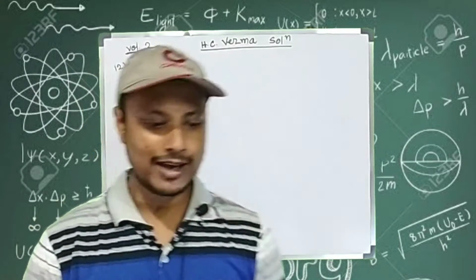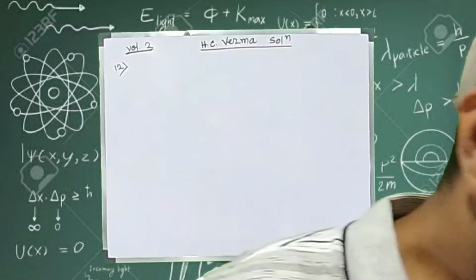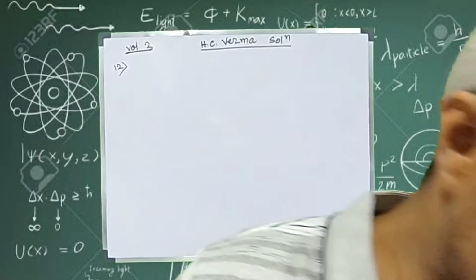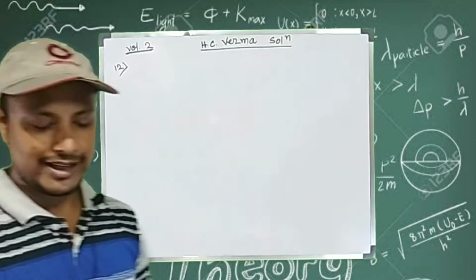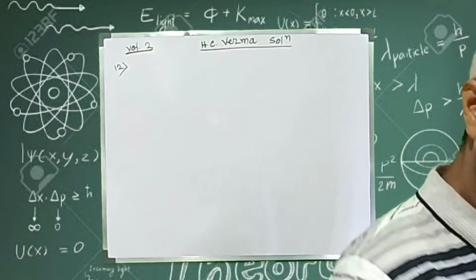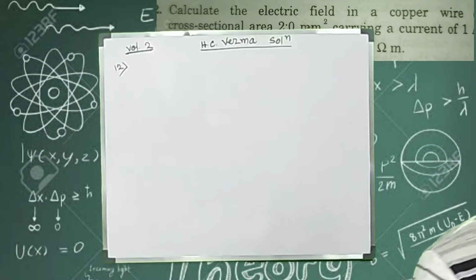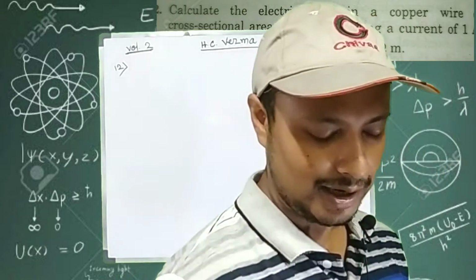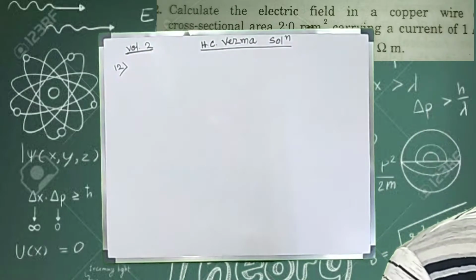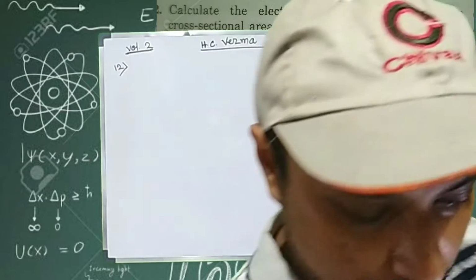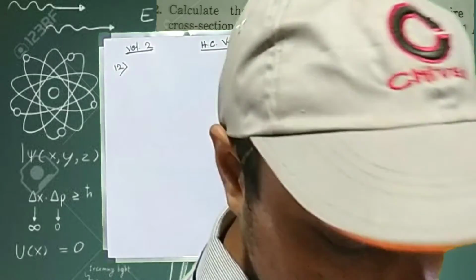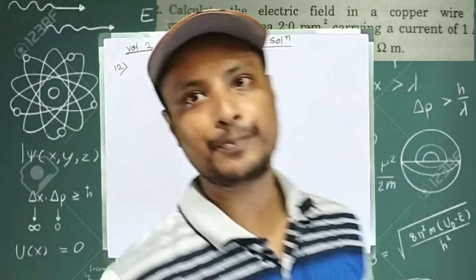So the first question of the day is question number 12. What does the question say? Look at the question on the screen: calculate the electric field in a copper wire of cross-sectional area 2 mm square carrying a current of 1 ampere, and the resistivity of copper is 1.7 into 10 to the power minus 8 ohm meter.